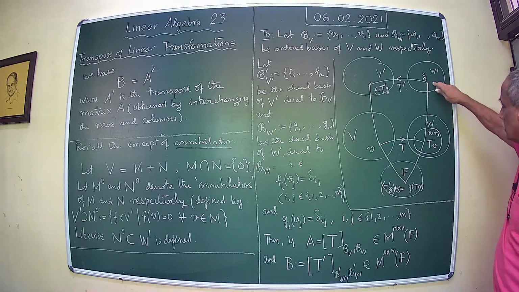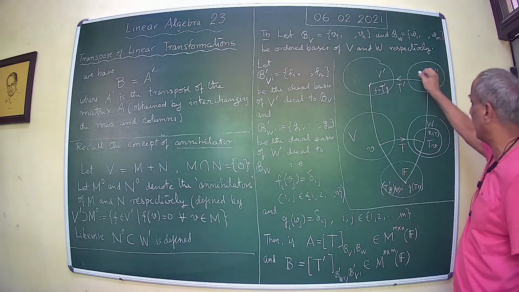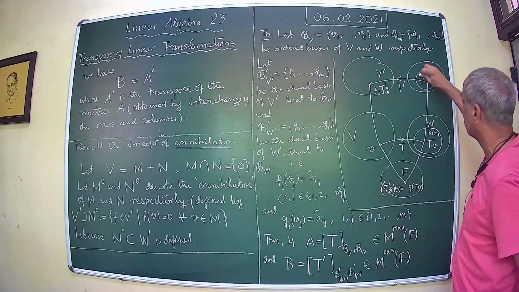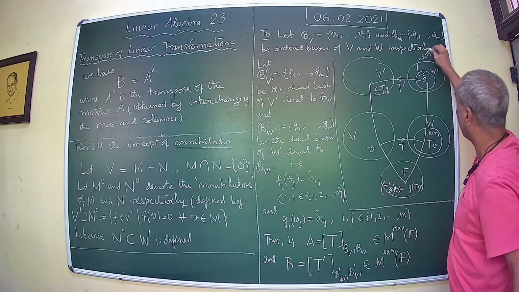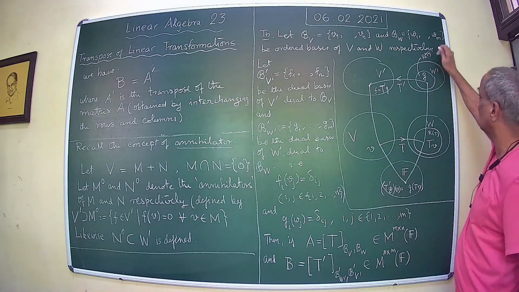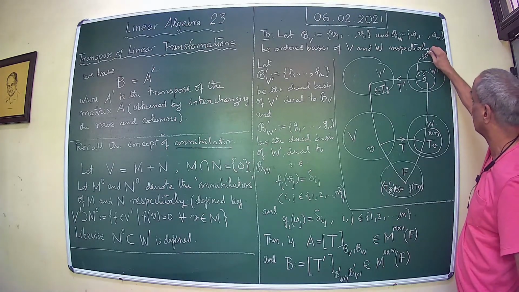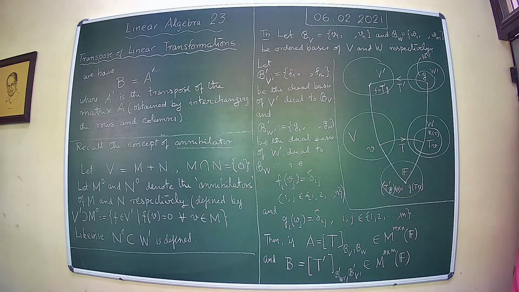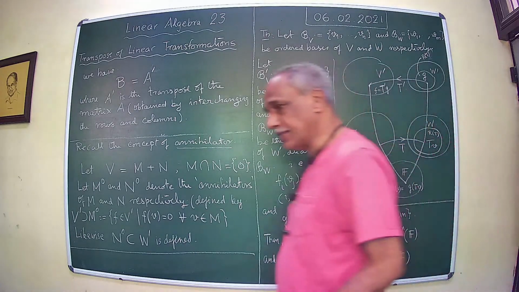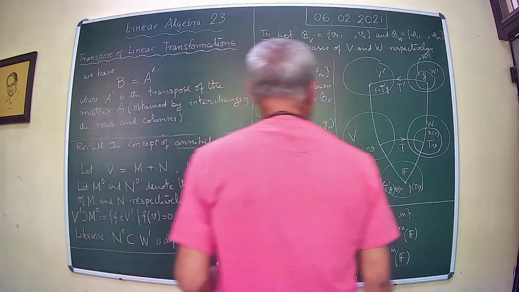So the annihilator of the range of T is a subspace of W prime.